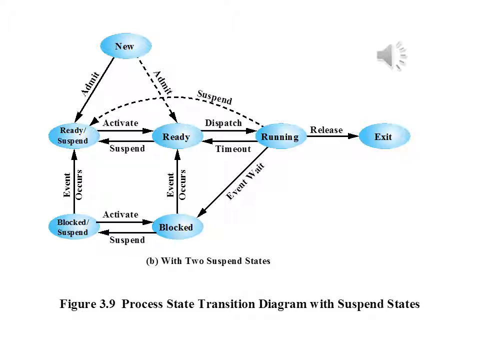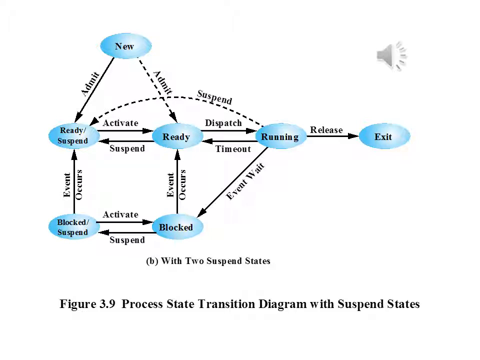However, it may be necessary to suspend a ready process if that is the only way to free up a sufficiently large block of main memory. Also, the operating system may choose to suspend a lower priority ready process rather than a higher priority blocked process if it believes that the blocked process will be ready soon.